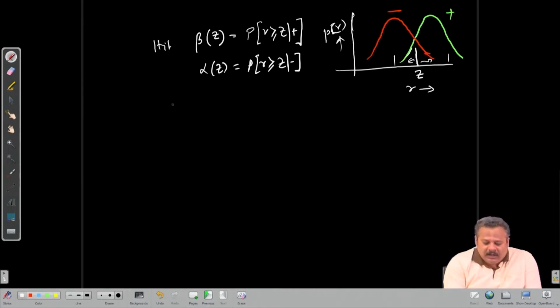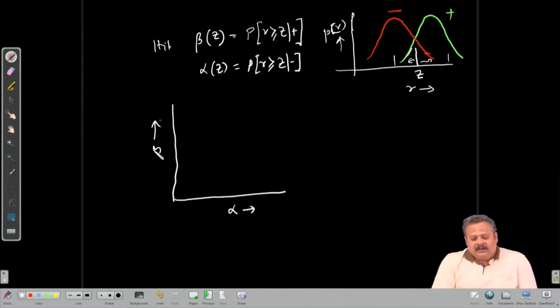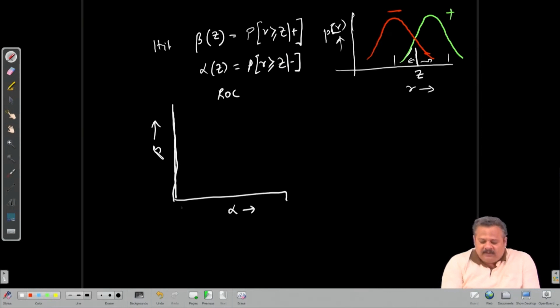So, as we started out, if we were to plot alpha and beta as a function of z, that is what we will call the ROC curve. So, this alpha will vary between 0 and 1, and beta will vary also between 0 and 1.